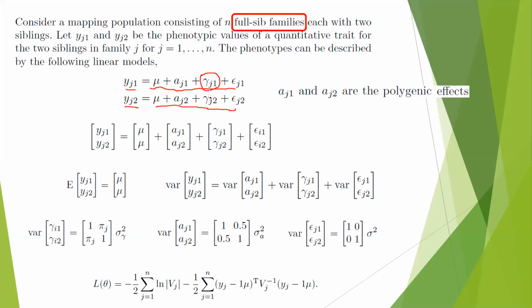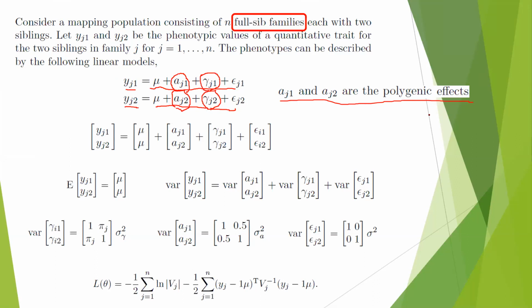Suppose we are testing whether this locus is a QTL for the traits, and the gamma is used to represent the genetic effects, for example, the additive effects for this locus from different alleles. And although we use A here, please forget about the previous definitions. In the past, we used A to represent the additive effect, but here this A represents the polygenic effects.